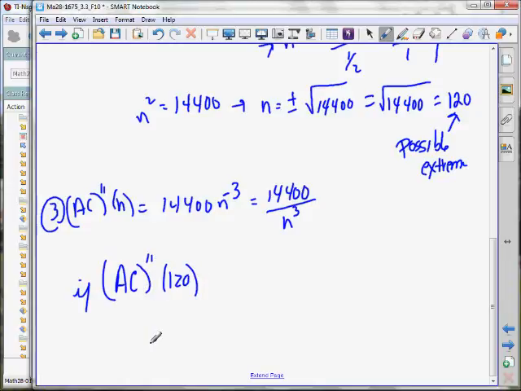If the second derivative at 120 is positive, then average cost is concave up, which means it has a minimum. If it's negative, then it's concave down, which means it has a maximum. So I don't need to know the actual value. All I need to know is, is it positive or negative? Or possibly 0. Is it possible that 120 could make this 0?